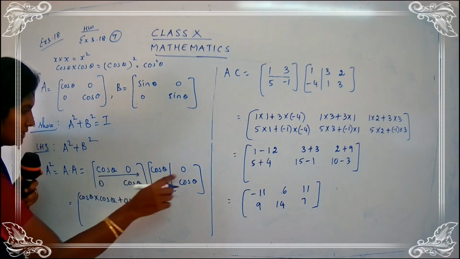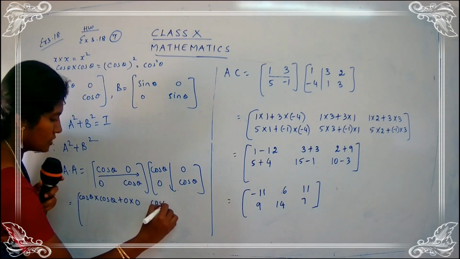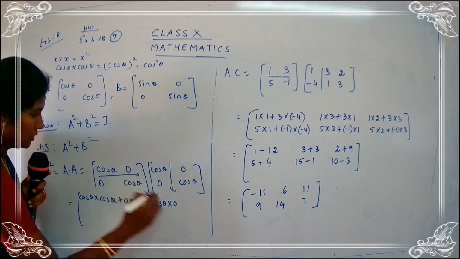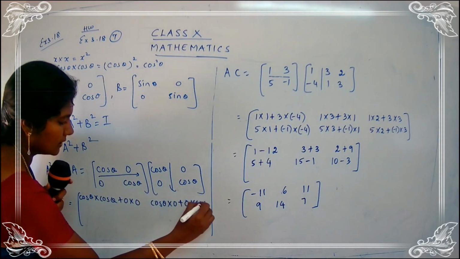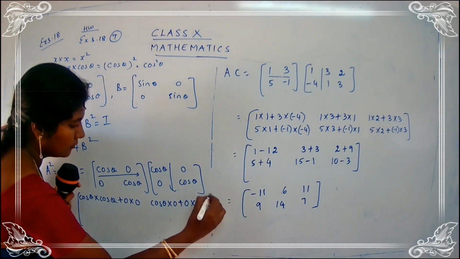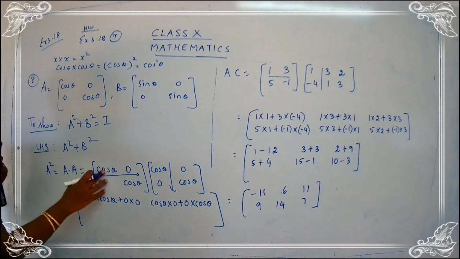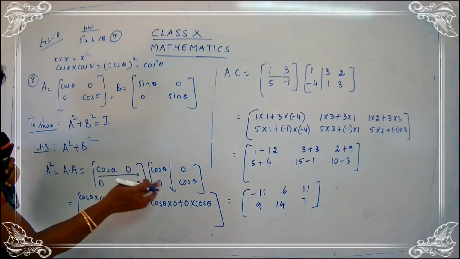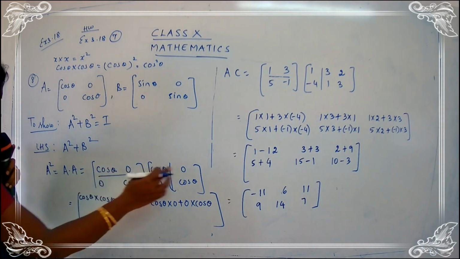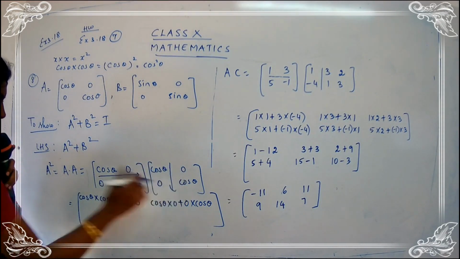Then cos theta into 0 plus 0 into cos theta. Cos theta into cos theta, 0 into 0; cos theta into 0, 0 into cos theta.